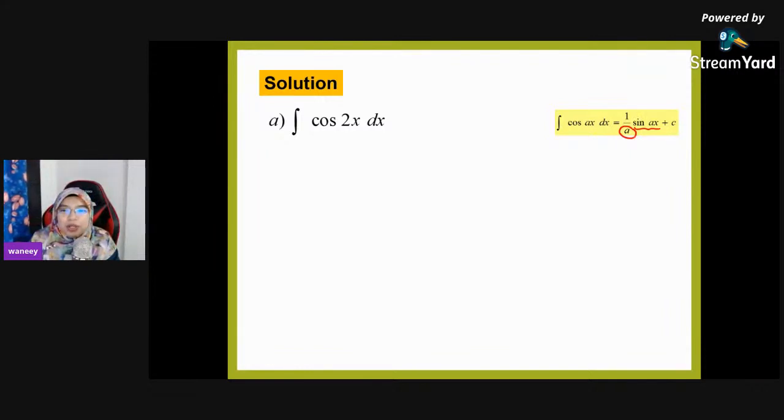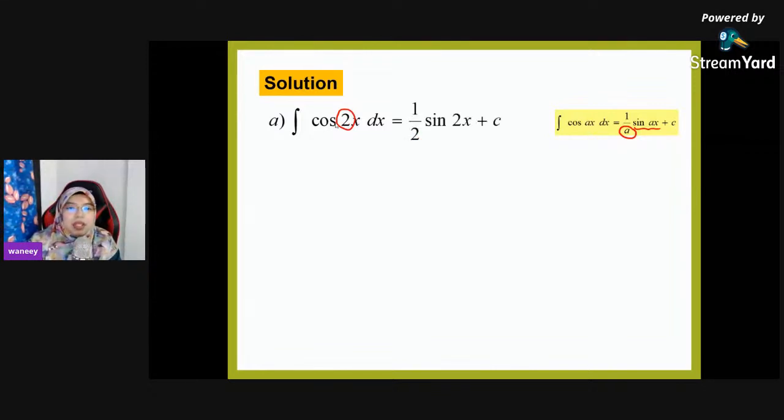So 1 over a sine ax plus c. The coefficient of x is simply 2, so it will become 1 over 2 sine of 2x plus c. Okay, 1 over 2 sine 2x plus c.